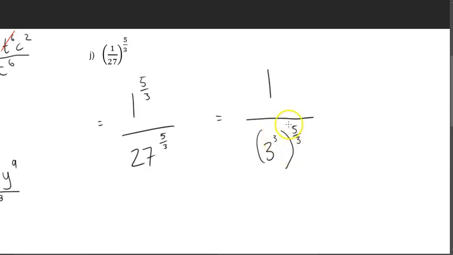And what we can do is apply the multiplication of this power with this power because it's inside outside bracket. So this becomes 1 over 3 to the power 3 times 5/3. The 3's get cancelled out, and this just becomes 3 to the power of 5.